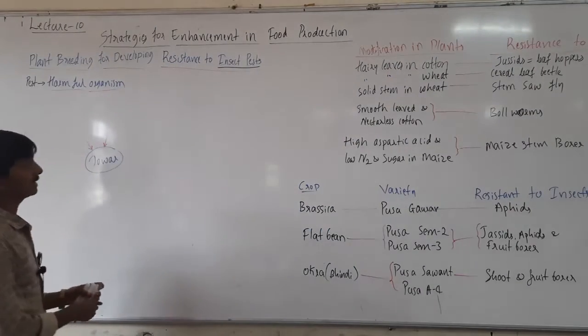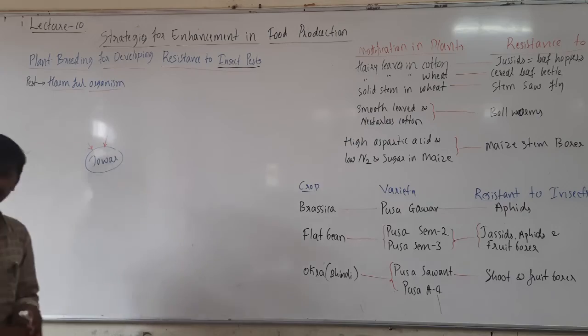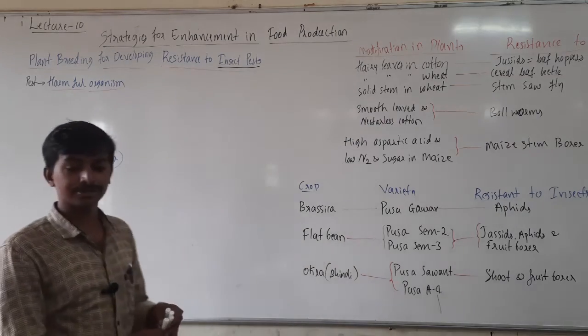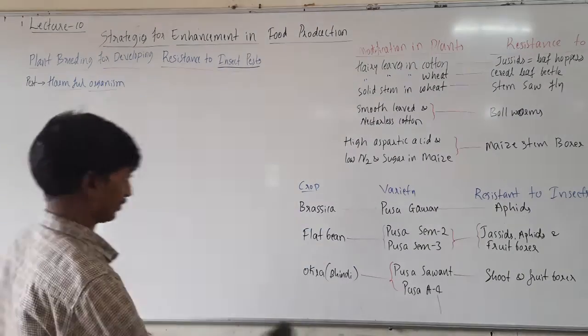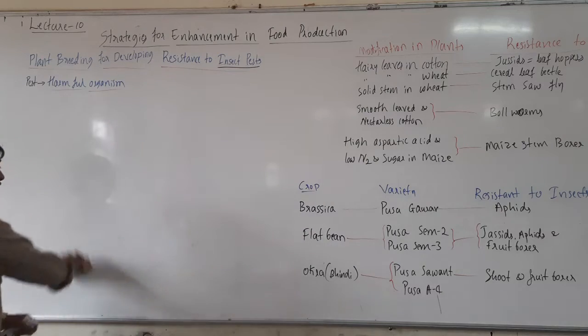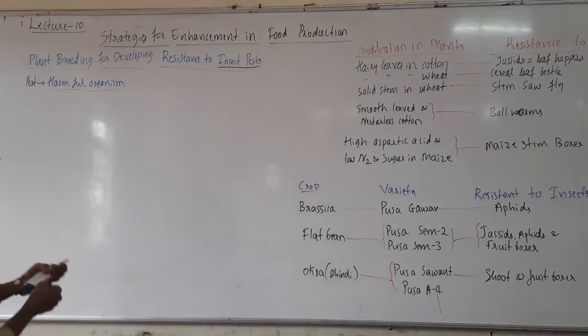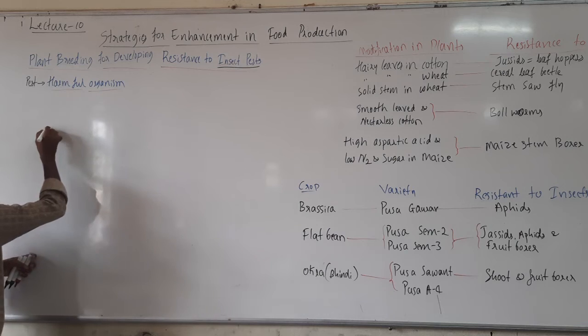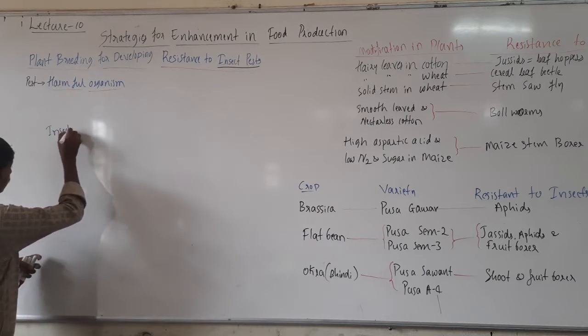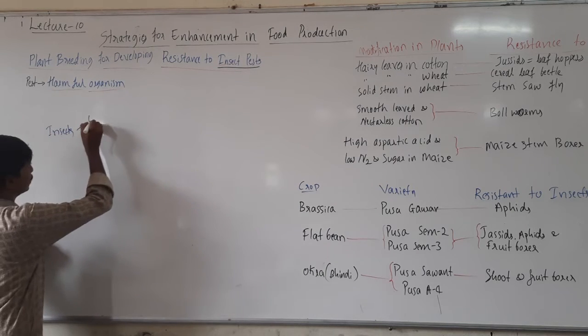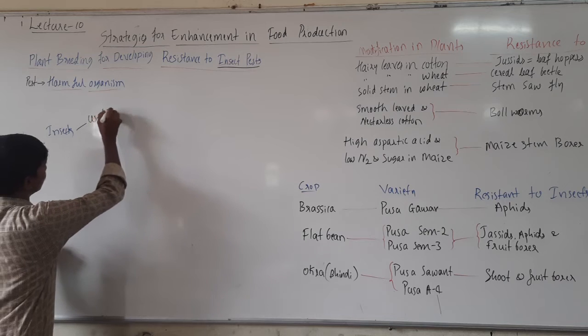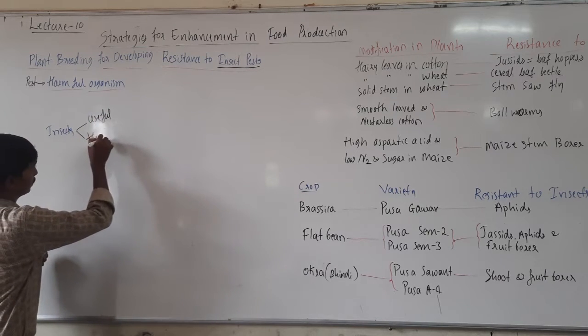Right. So here we shall discuss how we can develop plants against insect pests, because in nature there are various insects. Insects are either useful or harmful.